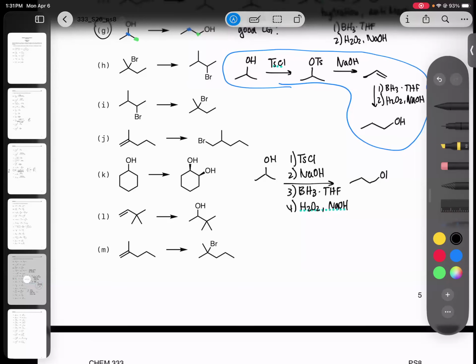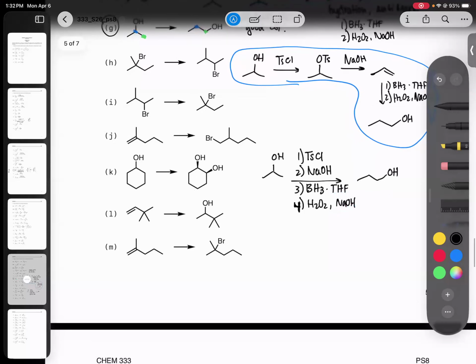So here we're taking this last step with the BH3 THF, hydrogen peroxide, sodium hydroxide. 1 and 2 now get bumped down to 3 and 4 because they're later in the synthesis. So this is sort of a 3-step thing that's shown in 4 steps because one of the reagents is like a double step. So if I do not ask you to draw intermediates, then this is an acceptable answer.